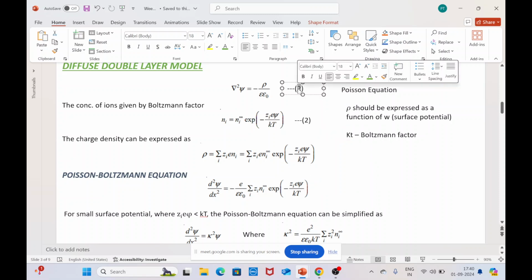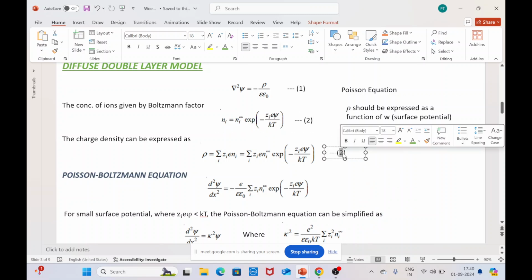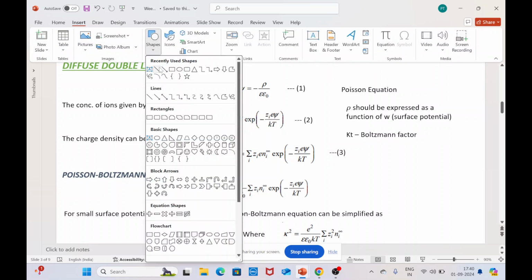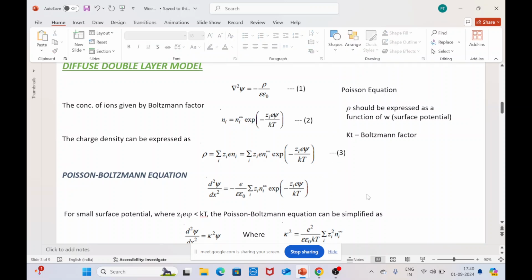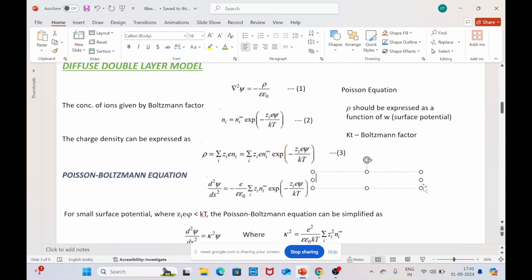This is your equation 1, and this I am going to mark as equation 3. So substitute equation 3 in equation 1.